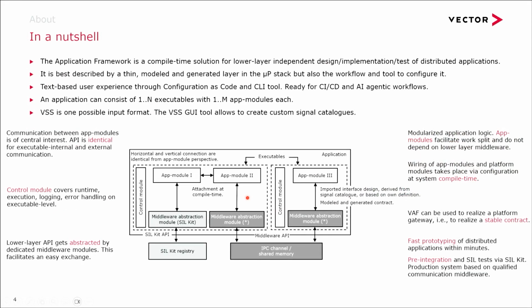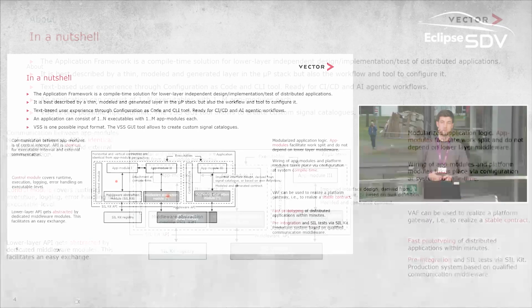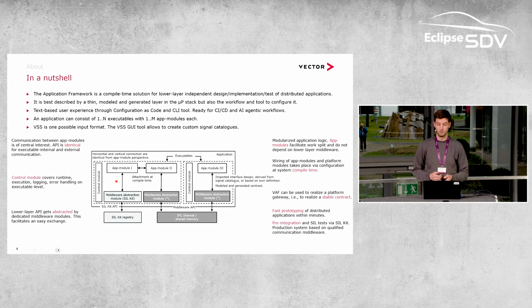They take care of all the boilerplate code you have in each and every project, such as execution of modules, and also cover logging, error handling, etc. Then we have, per supported lower layer, the so-called middleware abstraction modules. In the open source project here, you find as one example the SILKit abstraction. This is particularly where we want to reach out for new contributions in the future.